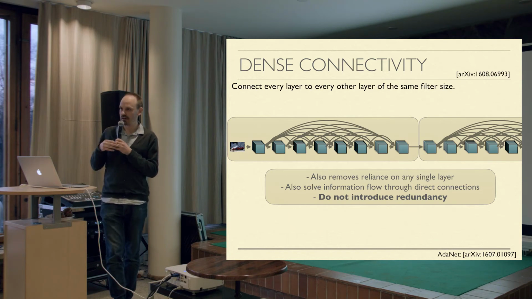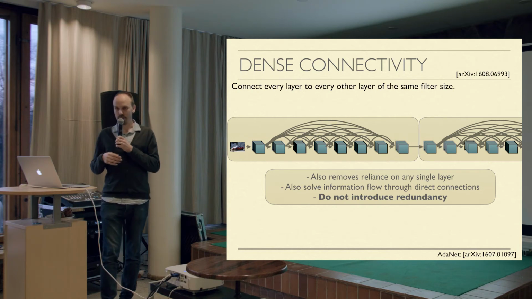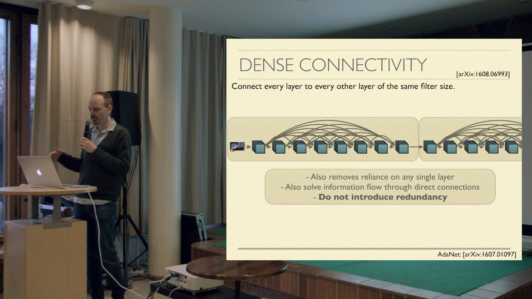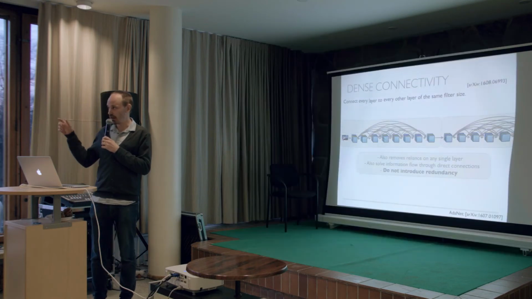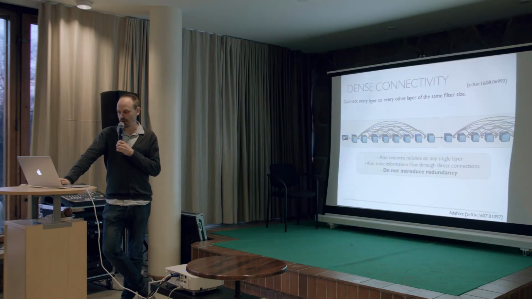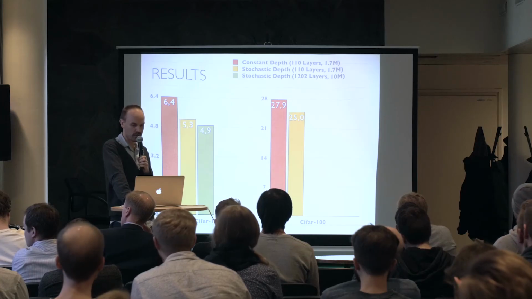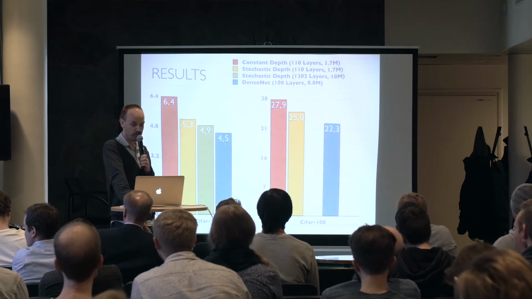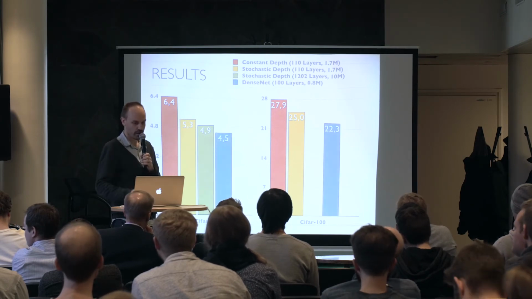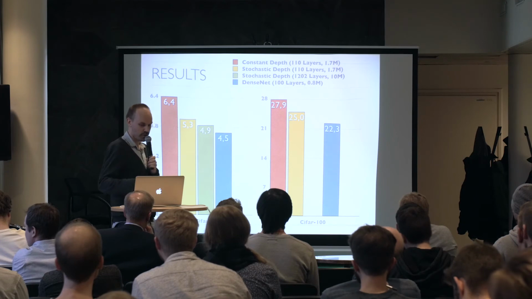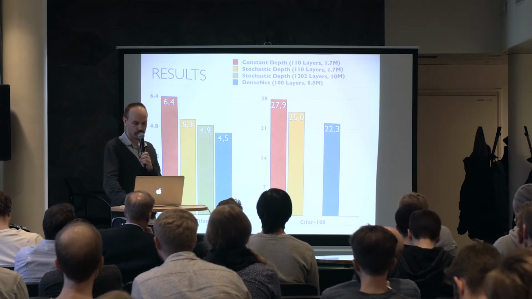It's enough for each of them to just add a few channels to the previous input. So in fact, this can reduce the number of parameters, and we have reduced the number of parameters and improved the results.